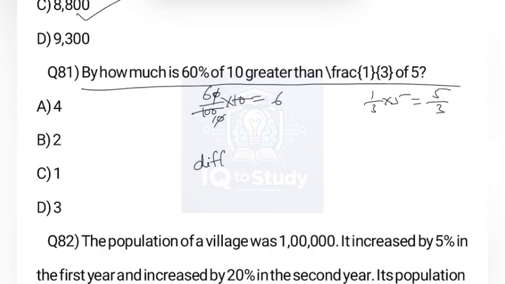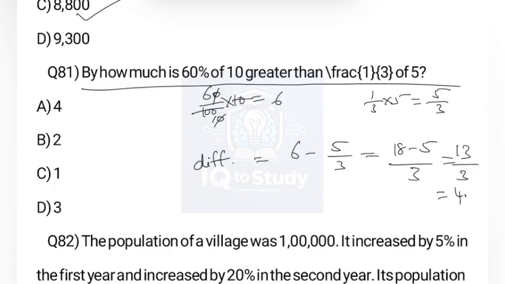So the difference is 6 minus 5 by 3, that is 18 minus 5 by 3, that is 13 by 3, which is equal to 4.3, or approximately equal to 4.